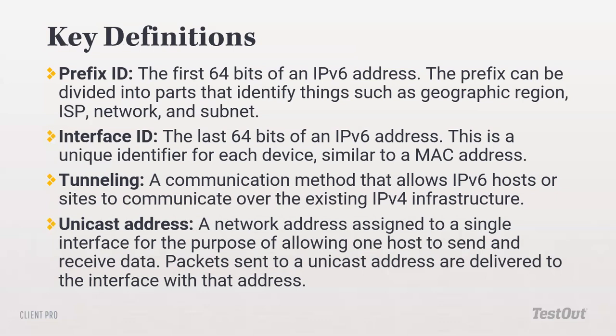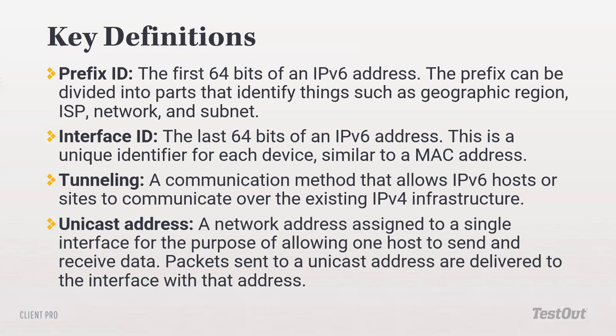And we can do so by geographic region, by ISP, by network, etc. The interface ID then, that is your host address, if you will. So the unique identifier for each device, similar to a MAC address. And that is within that subnet as we defined in the prefix.